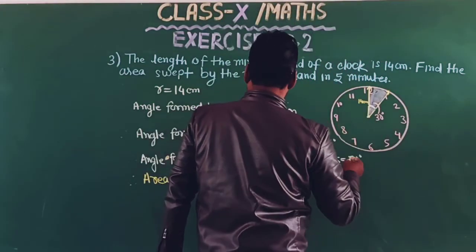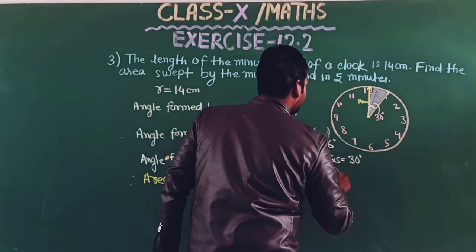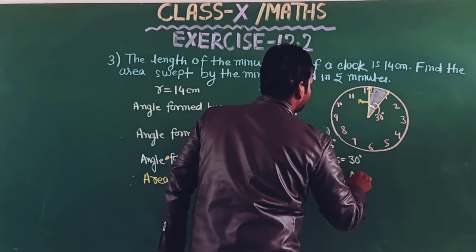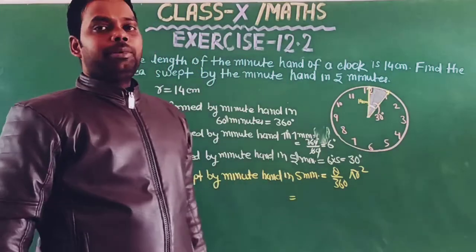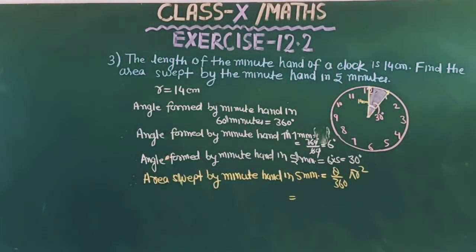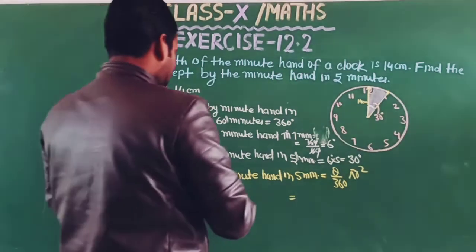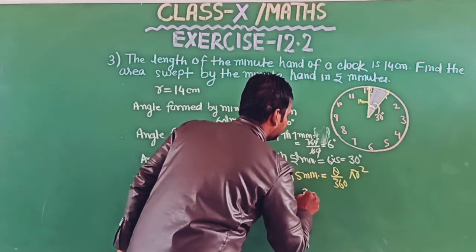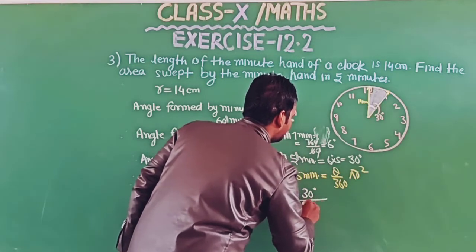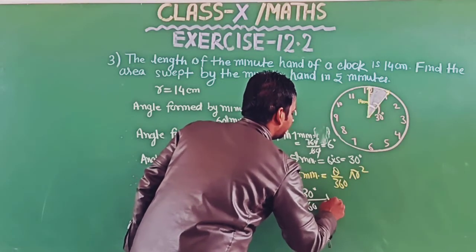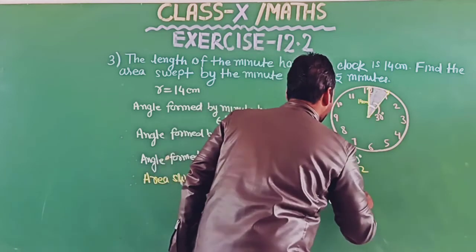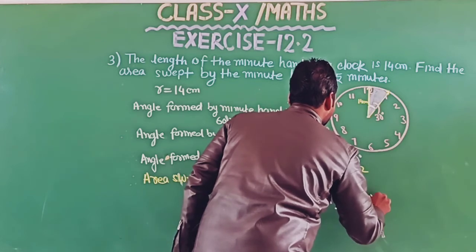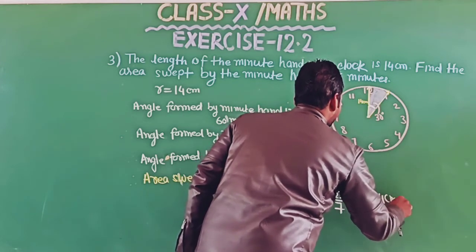Okay, so area of sector is theta upon 360 into pi r square. Now substituting the value of theta and r: 30 degree upon 360 into pi, which is 22/7, and radius is 40 centimeter square.